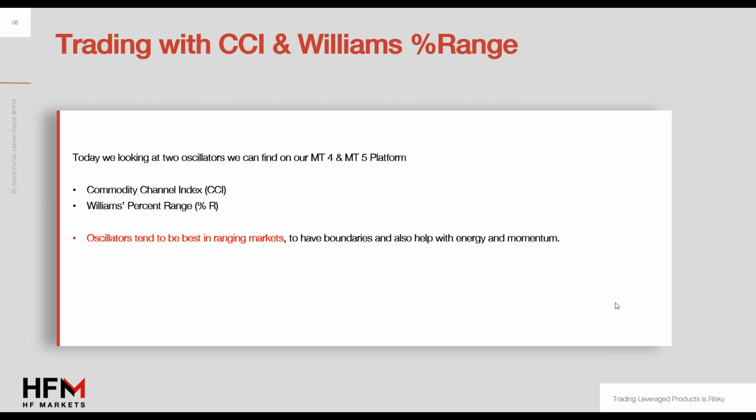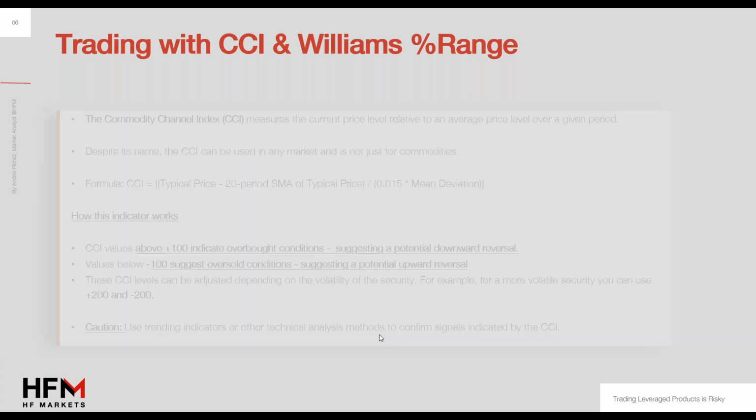We're gonna have a look at how they look and see a lot of examples together. Also, if you hear the word oscillator, that means that they have some particular boundaries. We're gonna have a look in a bit.